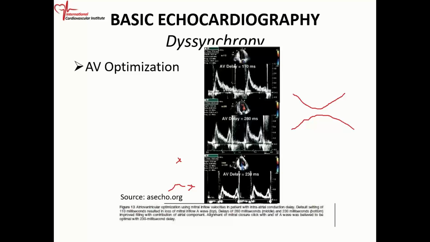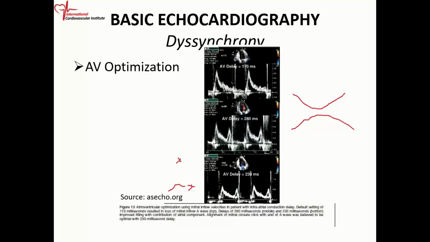If you can get a pacemaker lead in the right ventricle and you can get a pacemaker lead in the left ventricle and you stimulate them at the same time, then you can coordinate the contraction. So that's what we call a bi-V pacemaker.